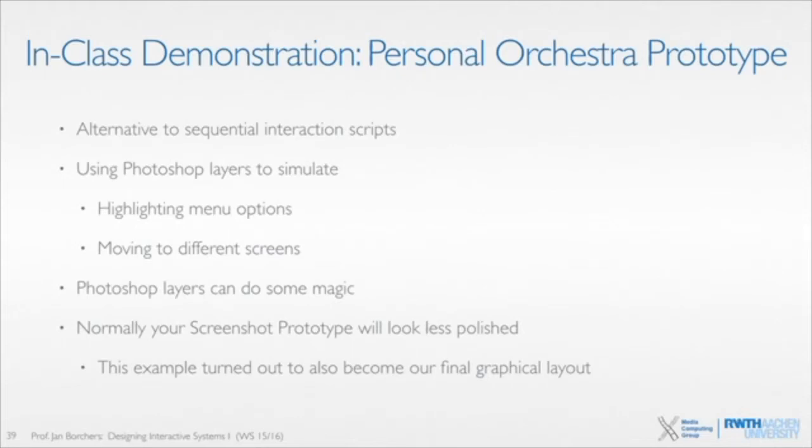We basically created one Photoshop document that had all the different user interface states in there. And that, as you will see in a minute, made a lot of sense for this particular interface because there were only small things changing. So highlighting menu options that you were pointing to or moving to different screens was all on different layers of that Photoshop element.